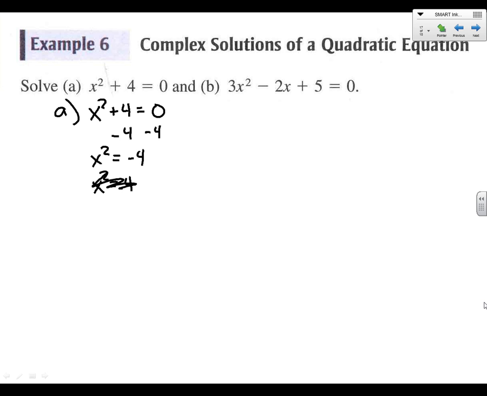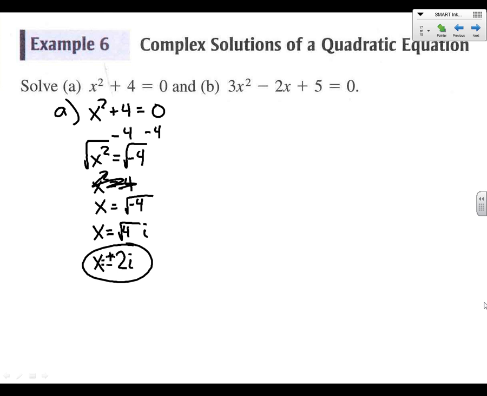If we take the square root, x equals the square root of negative 4, which before we wouldn't have been able to do, but now we can change this and say square root of 4i, or equals plus or minus 2i. Alright, two solutions.